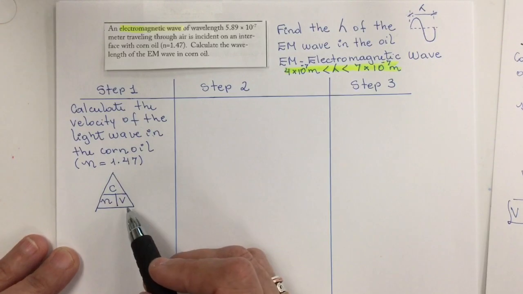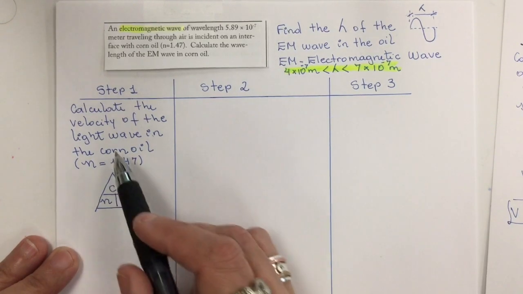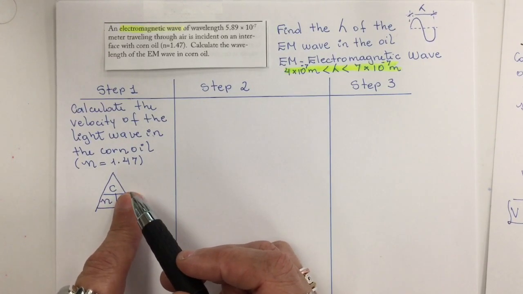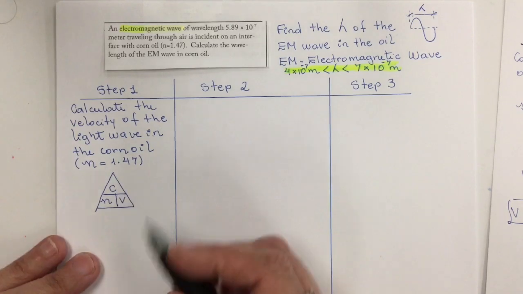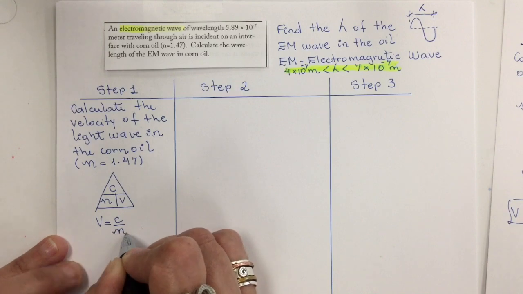From this formula, I can derive the speed of the light in the corn oil, so V is equal to C over N.